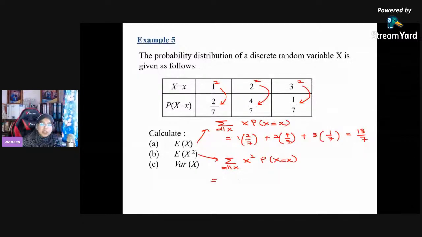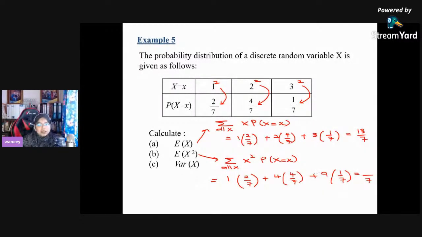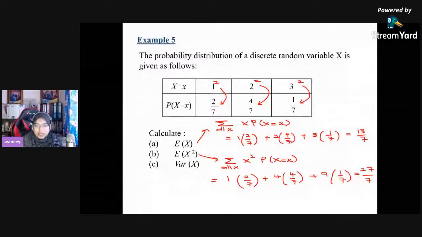So this one is going to be 1 multiplied with 2 over 7, plus 2 square, or 4, times 4 over 7, plus 3 square, which is 9, with 1 over 7. So this is 2, 16, so 18 plus 9, is 27. And then you can easily calculate variance of x.